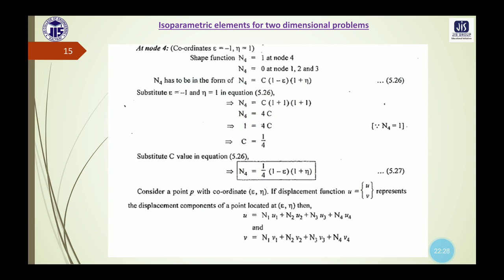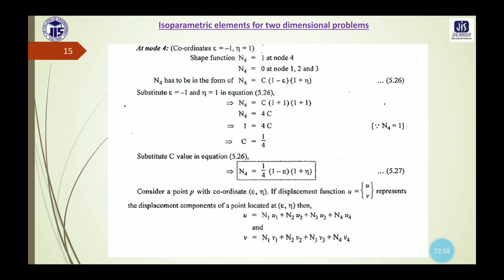The mathematical representation of N4 is C into (1 minus epsilon) into (1 plus eta). Now if we substitute epsilon is -1 and eta is 1 in equation number 5.26, then we get C equal to 1 by 4 after 3 steps. So the value of N4 is 1 by 4 into (1 minus epsilon) into (1 plus eta). So this is our equation number 5.27.